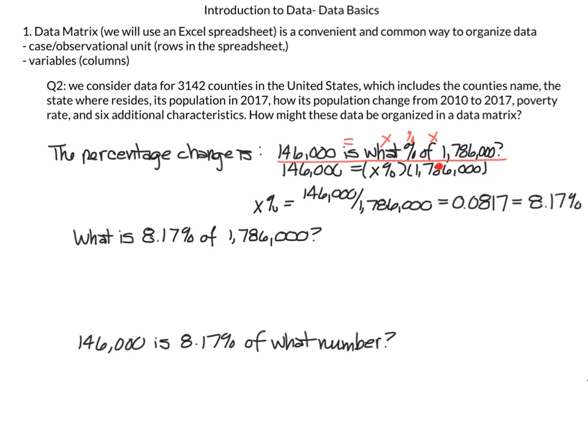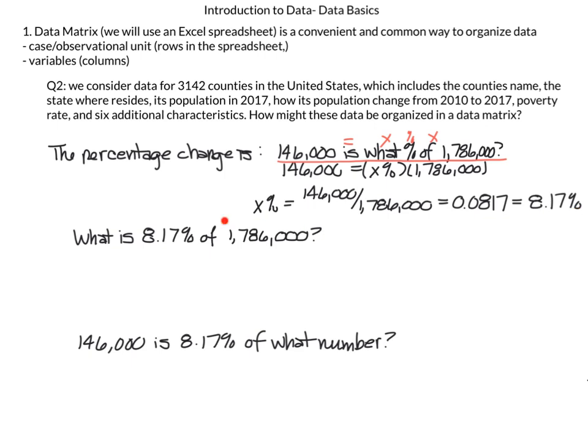So this was the equation that I wanted to solve, and here I resolved for percent by dividing 146,000 by 1,786,000, and I kept more decimals, so it's actually not just 8%, but it's 0.0817. Moving the decimal over two places, I get 8.17%.